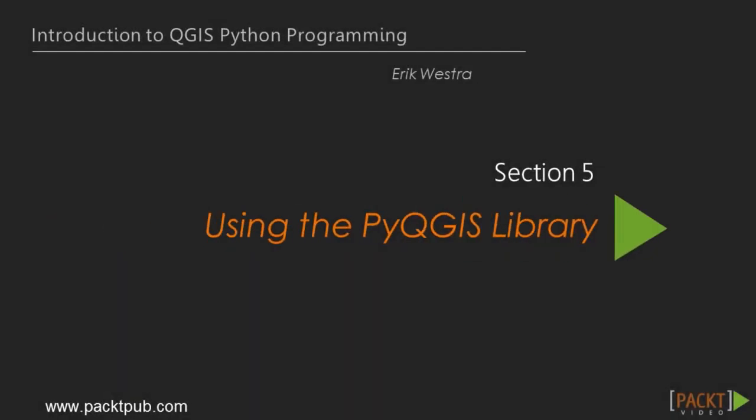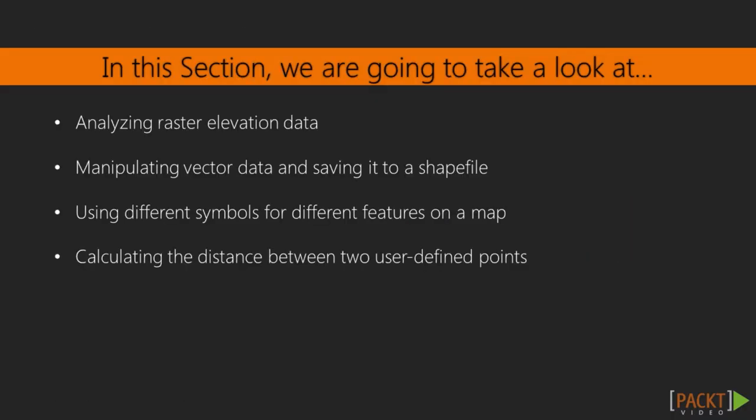Hello, and welcome to the section Using the PyQGIS library. In the previous section, we took a detailed look at the PyQGIS library, how it is organized, and some of the more important classes it defines. In this section, we will apply what we have learned to solve a number of real-world geospatial programming challenges.